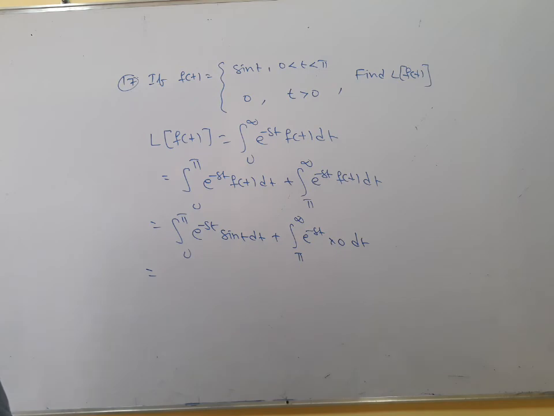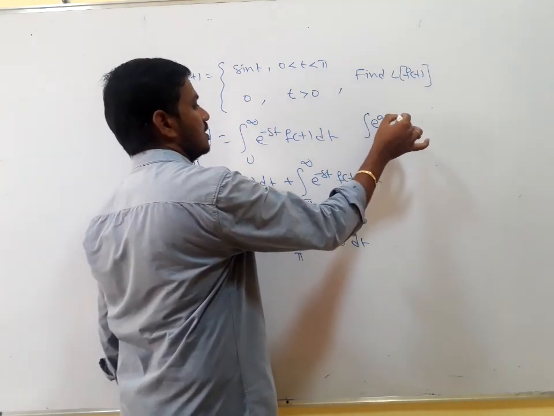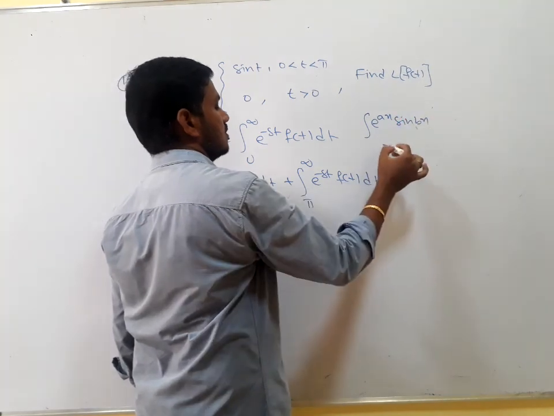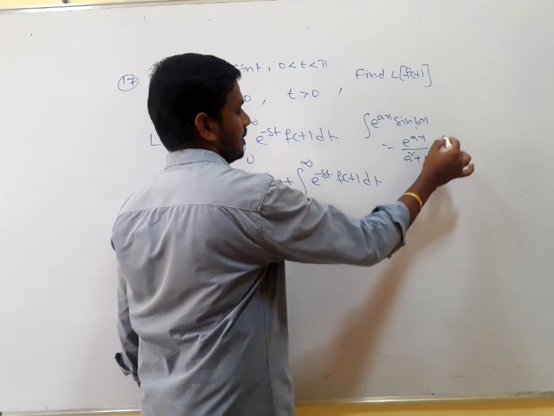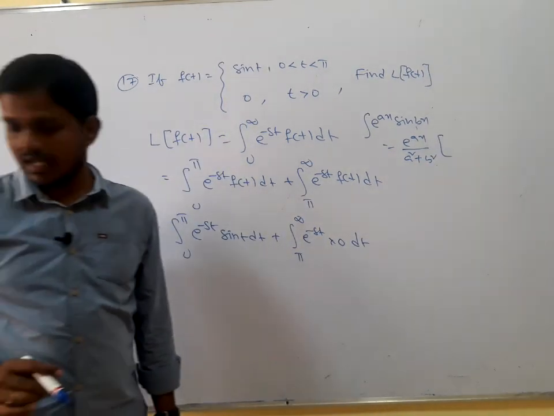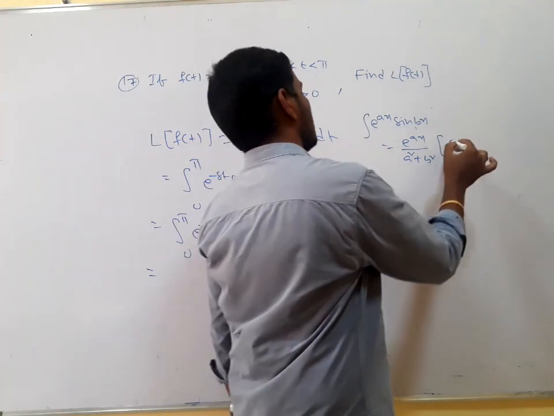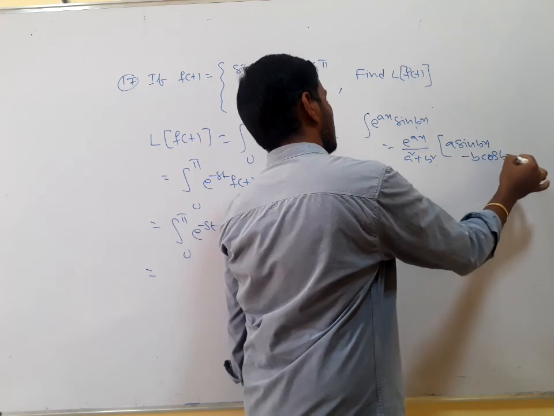What is the formula there? Integral e to the power of ax into sin bx is equal to e to the power of ax divided by a square plus b square, into a sin bx minus b cos bx. This is the formula.